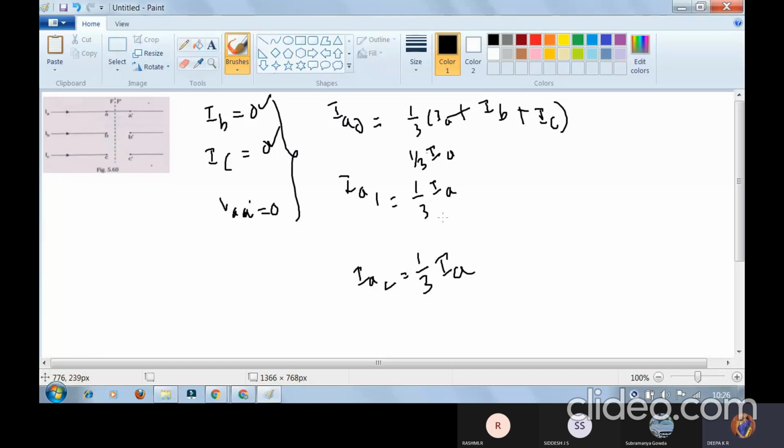Then we need to find the voltage terminal values. What is given is VA A dash is equal to 0. This consists of all the sequences. So VA A dash can be written as VA A dash 0 plus positive sequence VA A dash 1 plus negative sequence VA A dash 2, which is equal to 0.